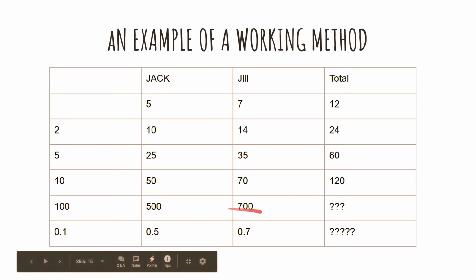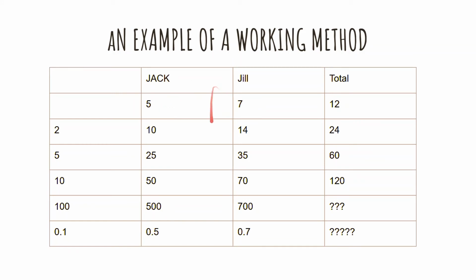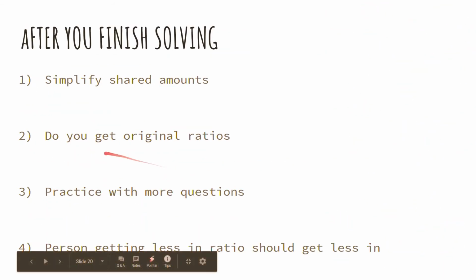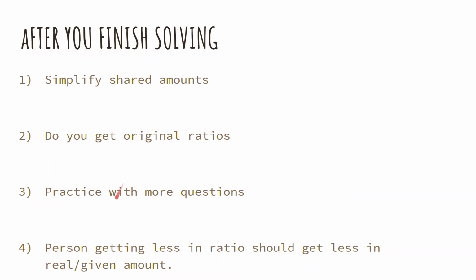Your final answer should simplify back to 5:7, which was the simple ratio between them. So this is just basic ratios, not going too far. Do you get the original ratio if you break down by dividing with common factors?